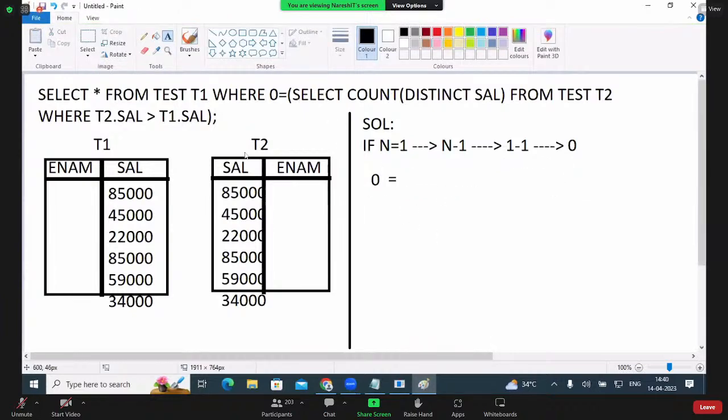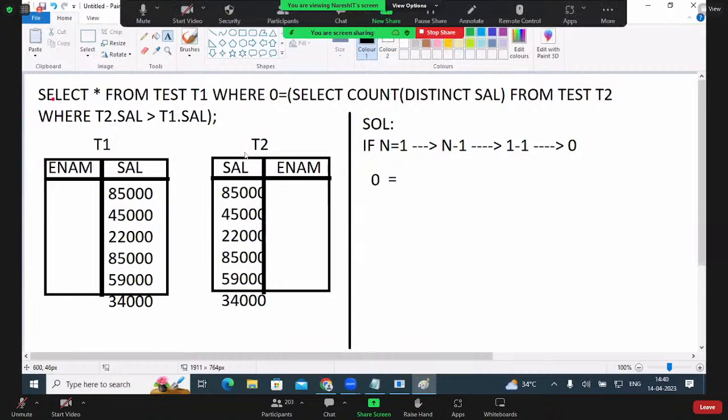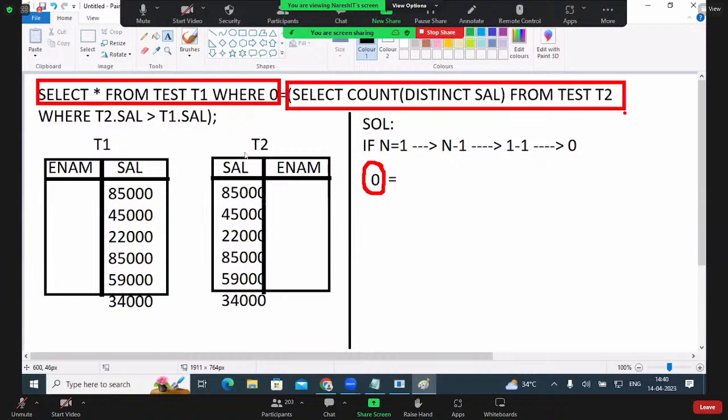Inner query values. So the outer query where condition value is already 0. With this 0, the inner query is executed.